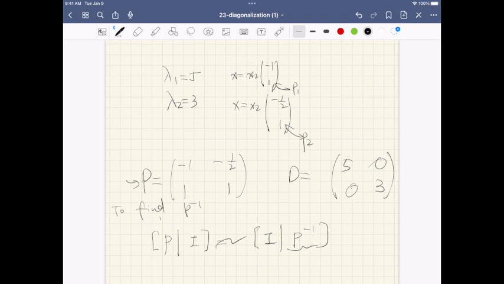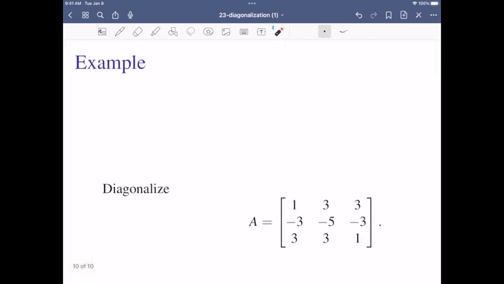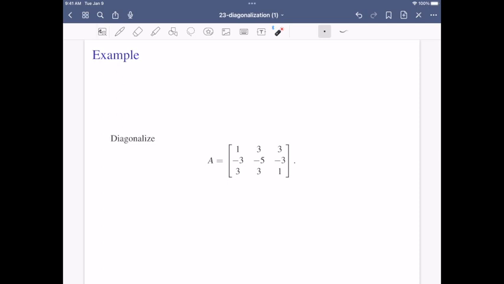There's one remark. If you don't want to have a fraction in your answer, you can multiply by 2 for both entries, because any vector multiplied by a scalar is still an eigenvector. There's one more problem I'm leaving as an exercise. If you need help, you may come to my office hour.